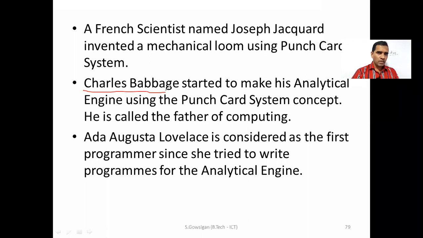One is the analytical engine, the other one is the difference engine. Okay, Charles Babbage invented two machines, or two devices, even we can call them engines. The first one is named the analytical engine, the other one is the difference engine. So both were used for performing calculation, right?